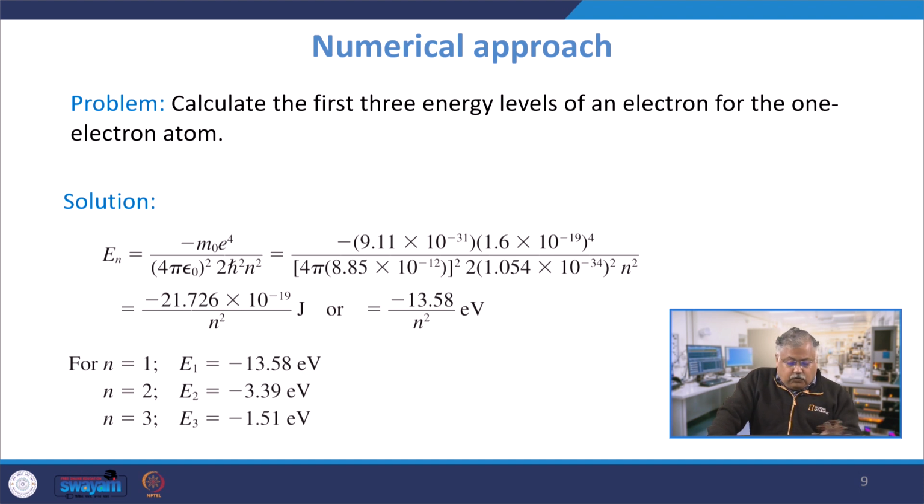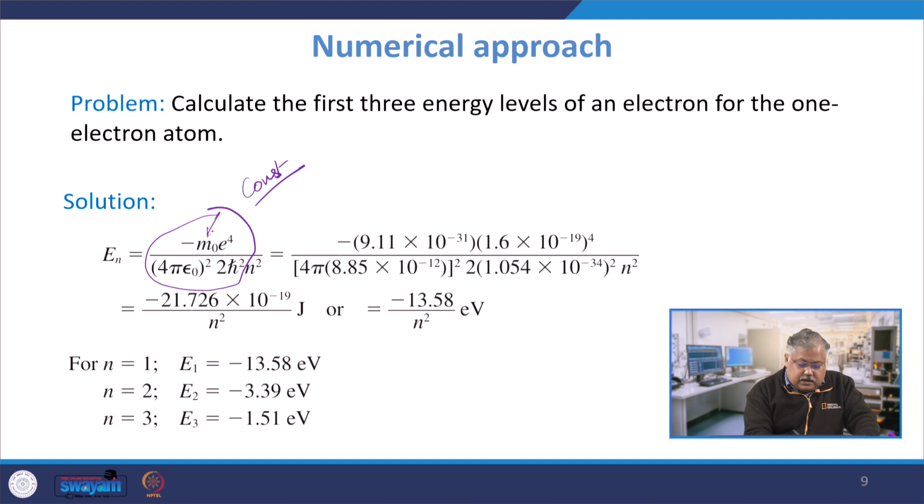Now if you solve it, out of all these terms, this part is actually a constant. m0 is the mass, e is the electronic charge, h cut is already known to you, is a modified Planck's constant, epsilon naught is known to you, pi is always known to you. And if you feed it here, what I get is minus 13.58 divided by n square times electron volts.